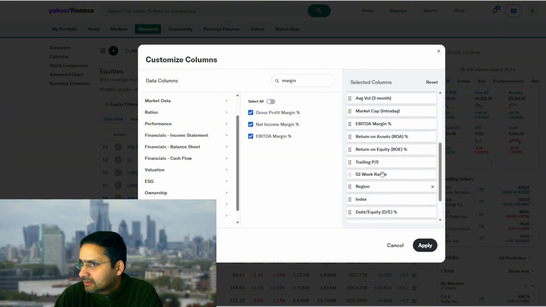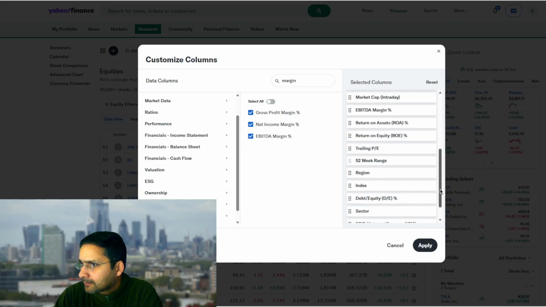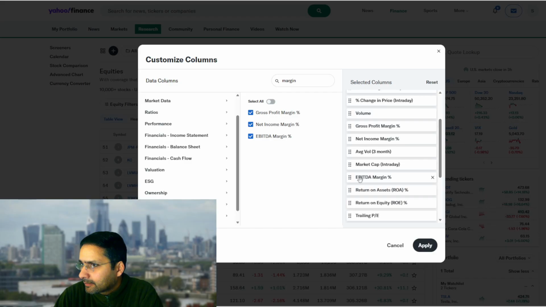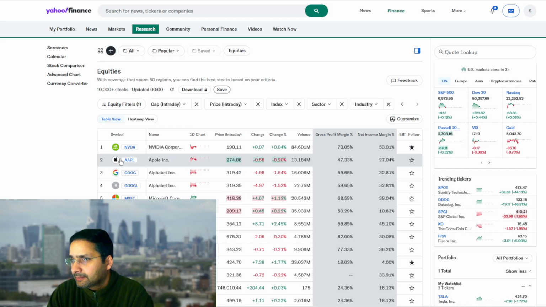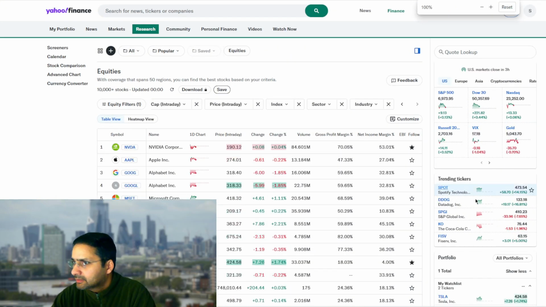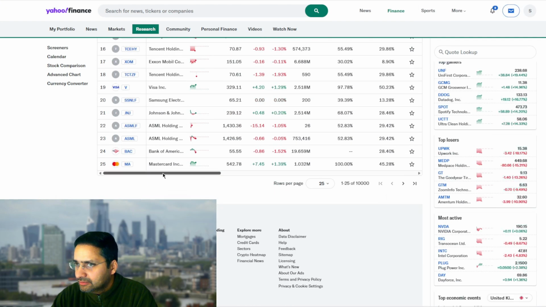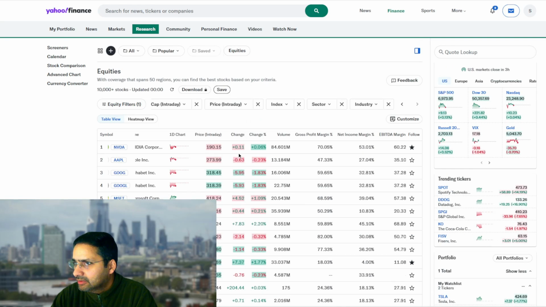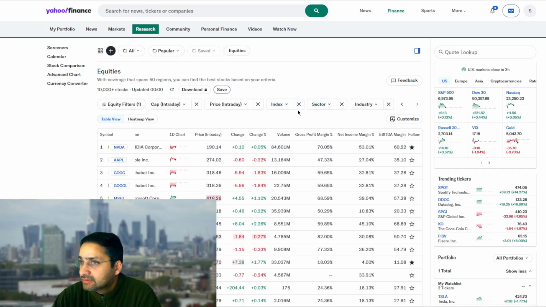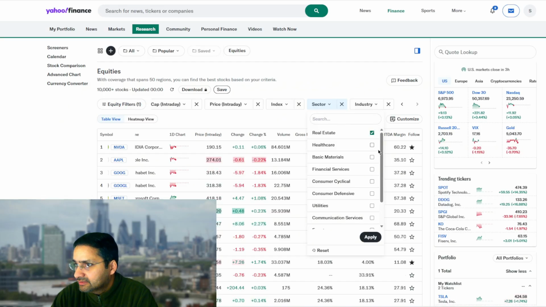Volume, net, and EBITDA margin. So these are the new columns, and if I scroll slightly to the left, then I have everything here. Let's see real estate, for example.